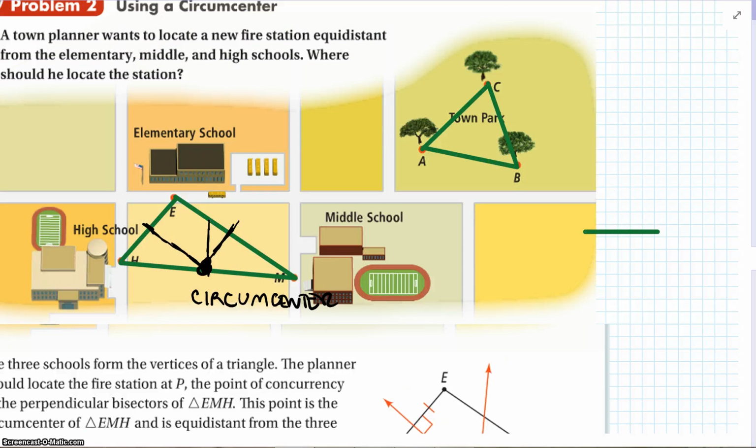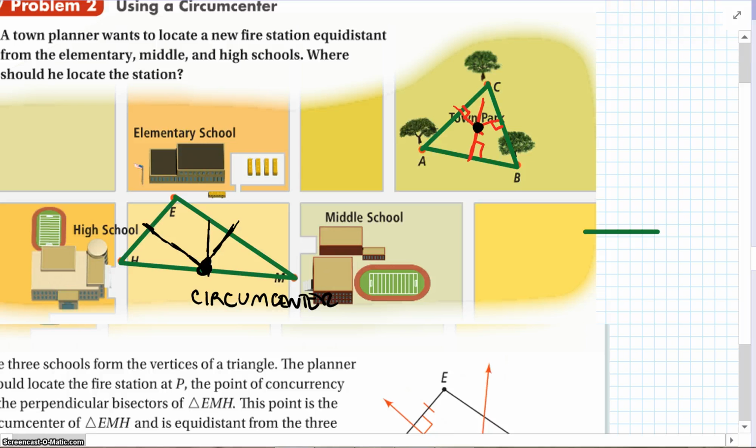And again, we're just going to take a shot here. That's about the midpoint. Again, we could get the compass out and really do this right. There's a right triangle. So there's the midpoint. And there's the midpoint. Again, they all line up right there. We'll mark it. There's the point for our bench.